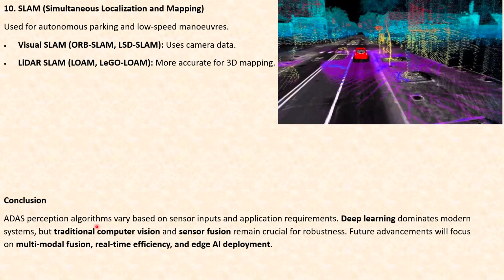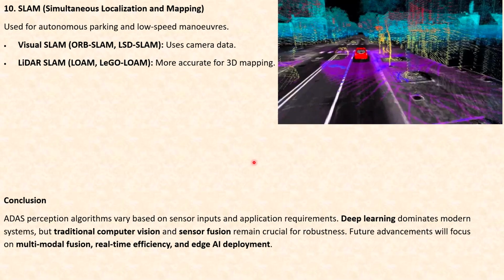Alright, so in conclusion, let me point out that ADAS perception algorithms vary based on sensor inputs and application requirements. Now, this is not an exhaustive list, mind you. As I am speaking, some research is going on, and I am 100% sure some new algorithms are coming into the market every day.